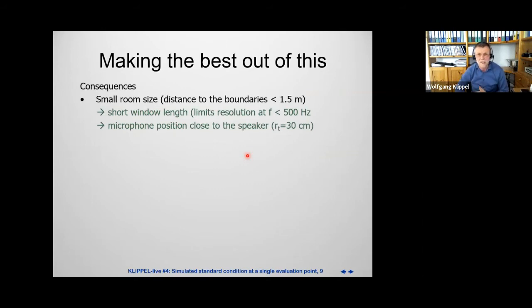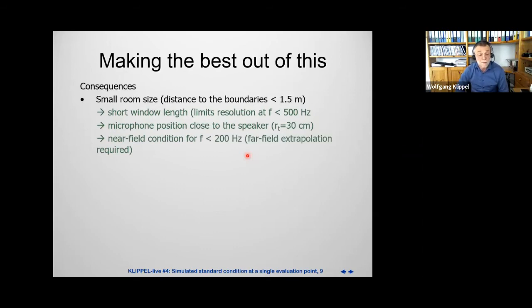Actually, I can forget the data below 500 Hertz. I used a reasonable distance of 30 centimeters from the loudspeaker, just the optimum value between the reflections from my laptop and other points.